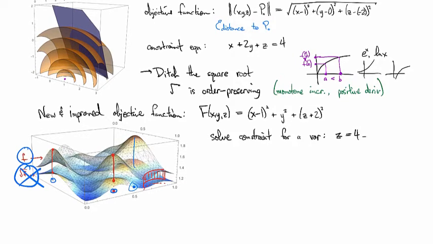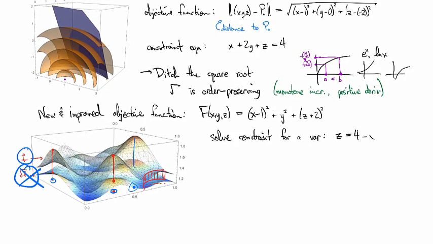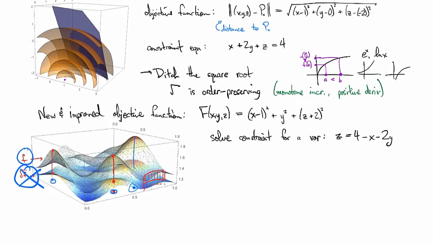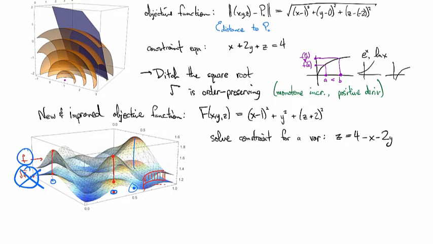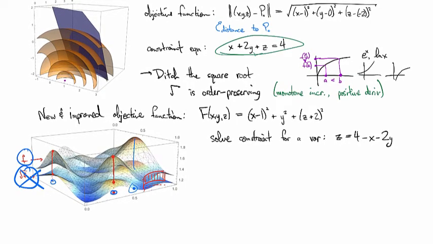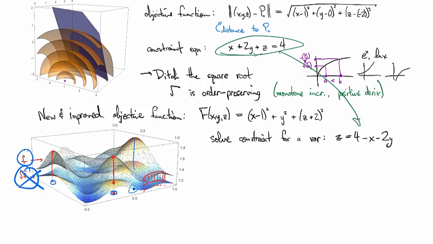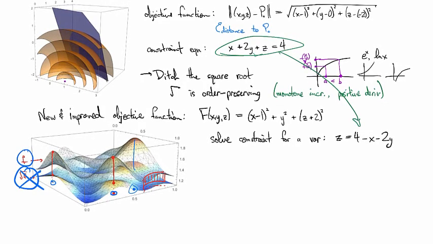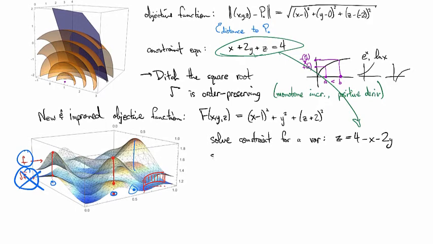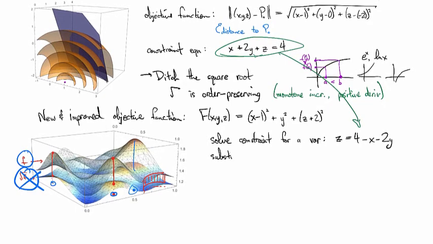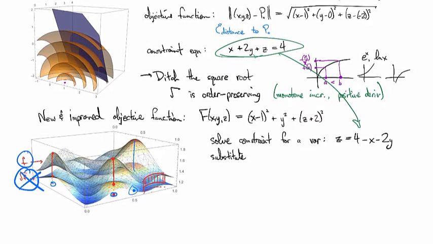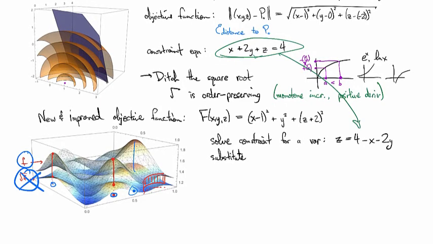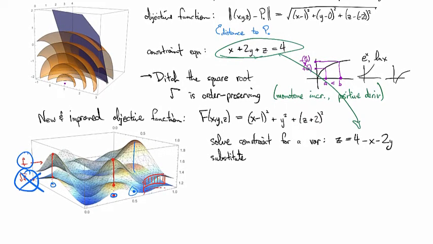So it becomes 4 minus x minus 2y, right? So I'm just looking at this guy right here and solving it now for z. And then we can substitute. And there's nothing special about z. You can solve it for x or y or whatever you like. I like to pick on z.